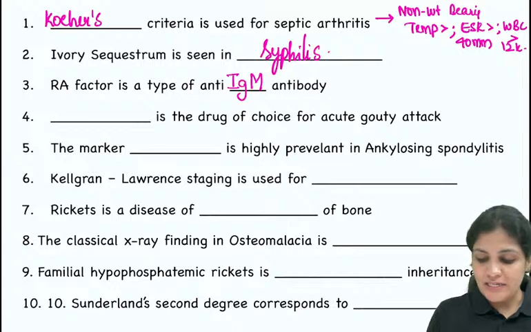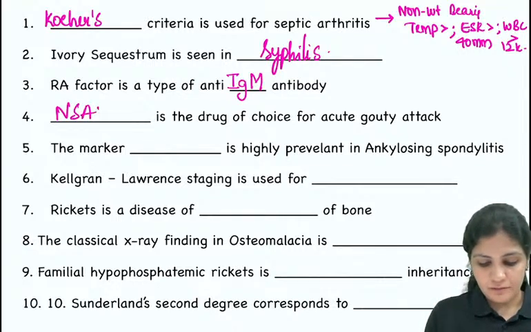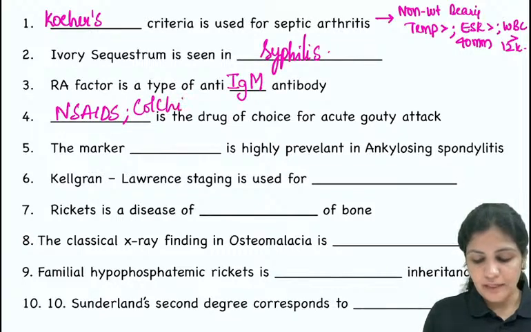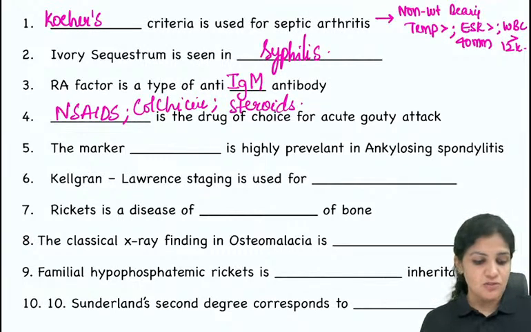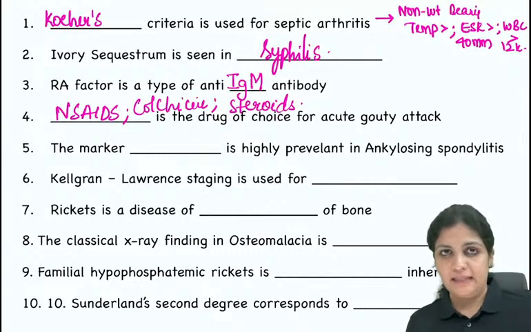What is the drug of choice in acute gouty attack? It is NSAIDs, colchicine, steroids. First is always NSAIDs, then colchicine. Then if it is not reducing, you go for steroids.